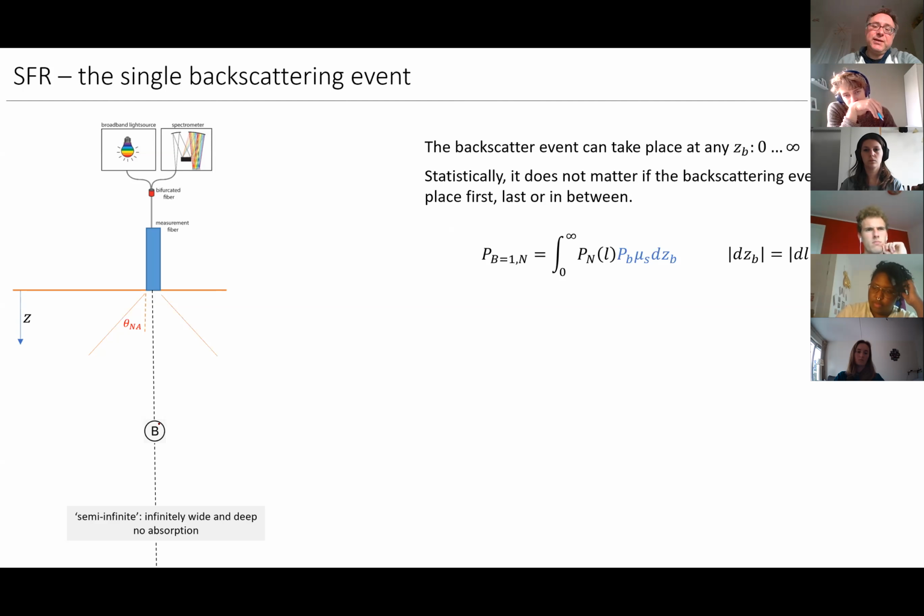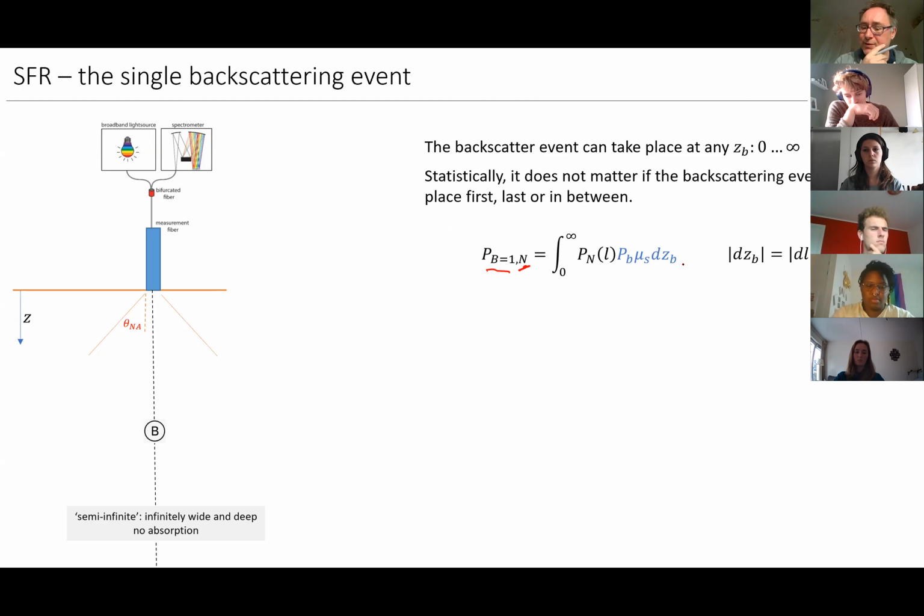For the total signal, with one backscatter event and an arbitrary number of forward scattering events, we have to integrate that over the length of this black dotted line, because the backscatter event can take place anywhere.